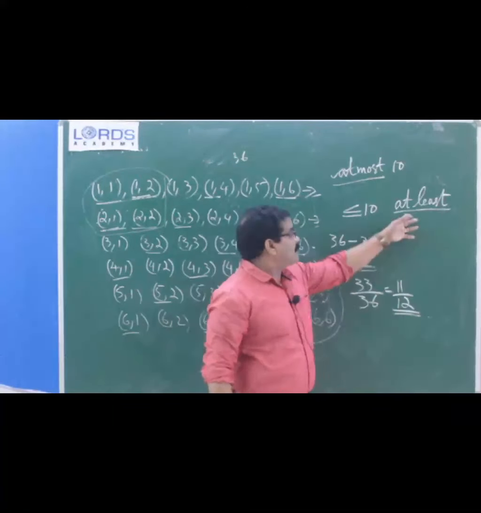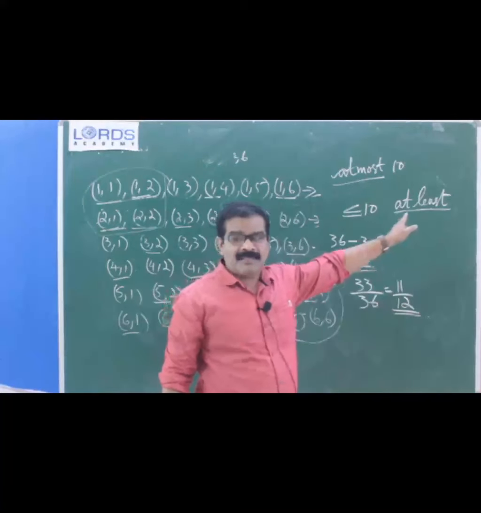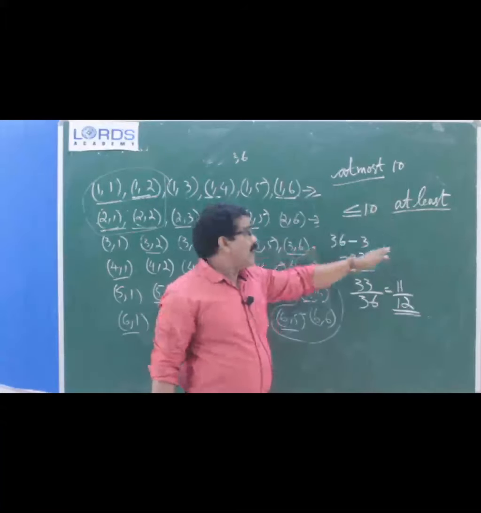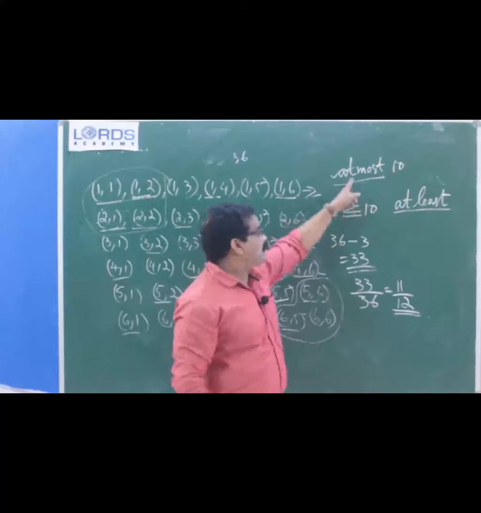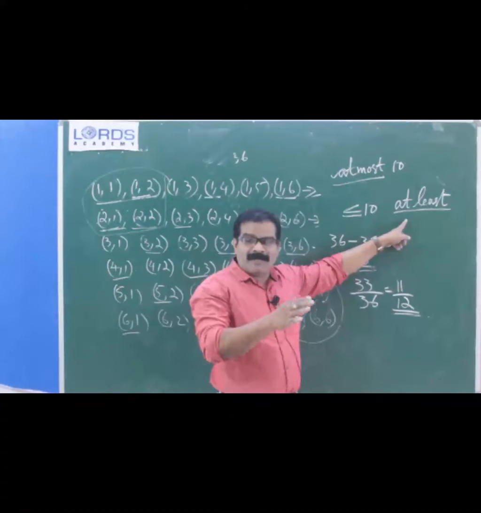Then please tell me what is the meaning of at least. At least 10 means a minimum. This is maximum, this is minimum. The sum total should be a minimum of 10.